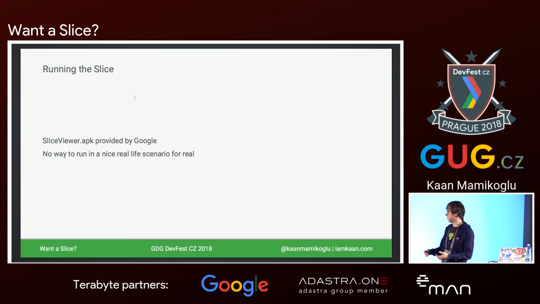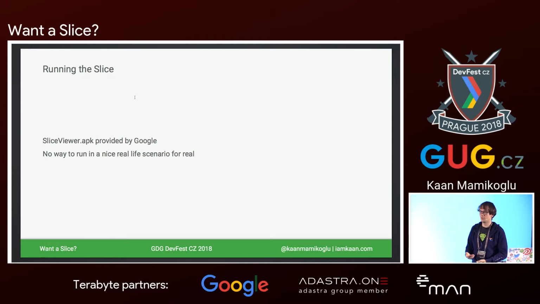You just download the APK and install it on your emulator, your phone, whatever. So obviously, no user will have access to that, or actually want to install it. Currently you can create slices, but nobody will see them until Google actually launches this final product.